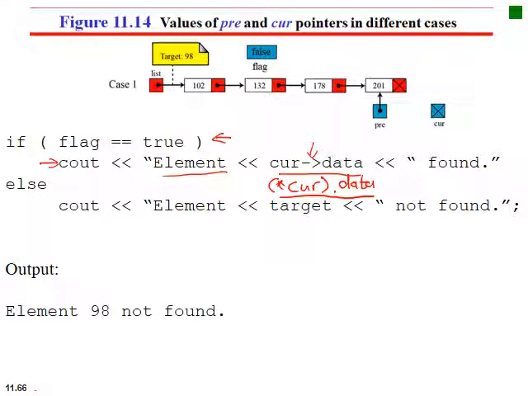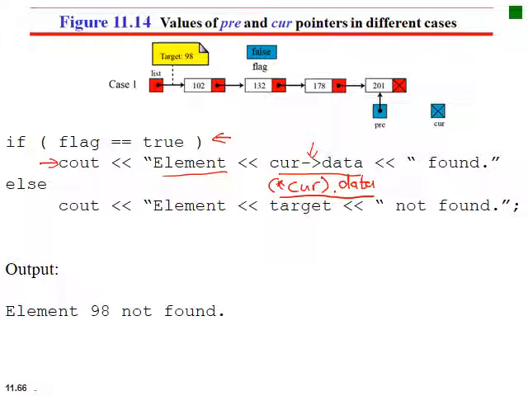So you could have used any one of the two in the C++ language, and just the last word found is written out. So if the flag was true, it would have written out element 98 found.